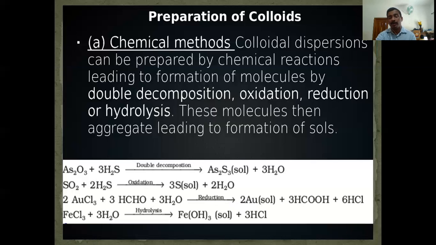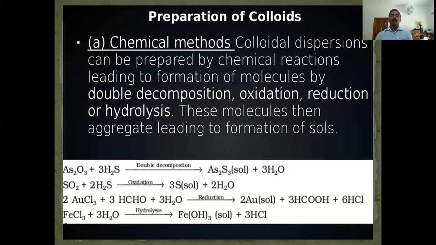So auric chloride, when treated with formaldehyde in the presence of H2O, 2AuCl3 plus 3HCHO plus 3H2O gives 2Au plus 3HCOOH plus 6HCl. You can see 2Au, gold, is formed. The atoms of gold aggregate together to form particles of colloidal size, and as a result you will get a gold sol.